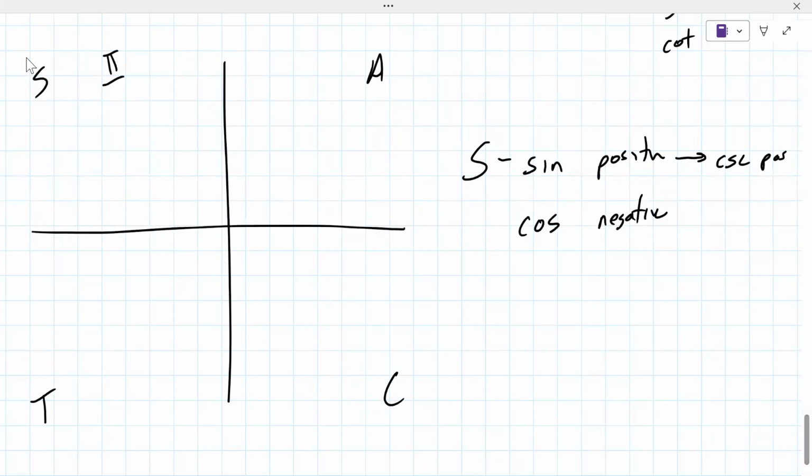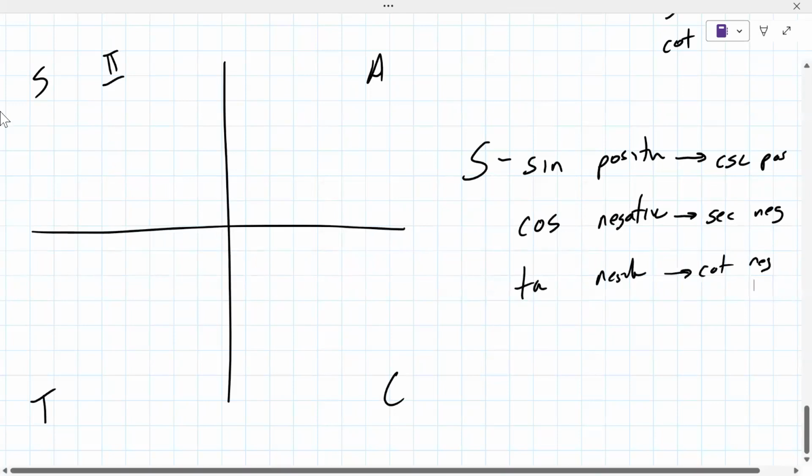So this letter tells you what's positive in this quadrant, and it also tells you what is negative. Cosine is negative, which means that tangent is negative because tangent is the ratio of sine to cosine. If one's positive and one's negative, then tangent's going to be negative. Because cosine is negative, secant is negative because it's the reciprocal. Tangent is negative, which means that cotangent is also negative. So this one letter tells you all this stuff here.